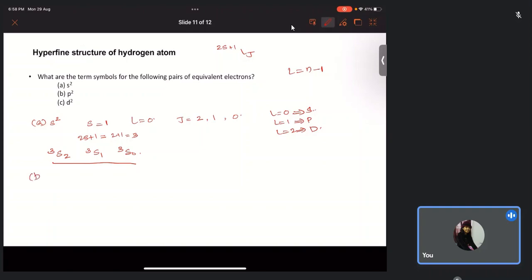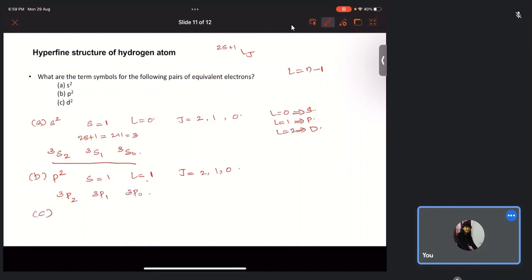So for p2, S is equal to 1, L is going to be 1, and J can be 2, 1, 0. So it is going to be 3P. When L is equal to 1, 2S plus 1 is going to be 3. So 3P2, 3P1, 3P0.